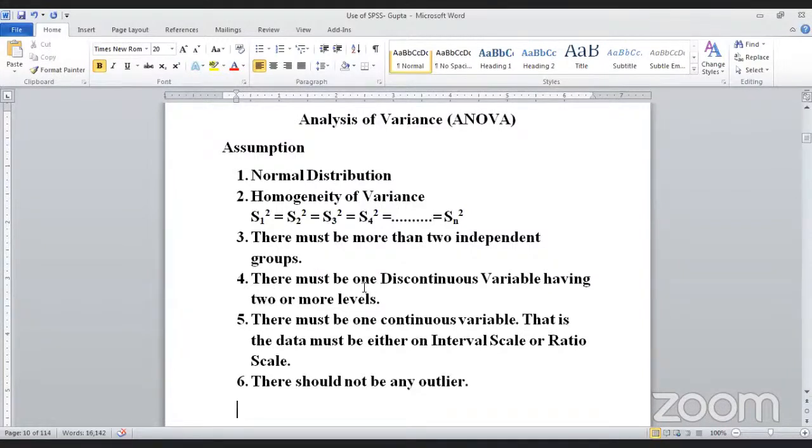I have also said there must be one discontinuous variable having two or more levels. See, here I have said one discontinuous variable having two or more levels.